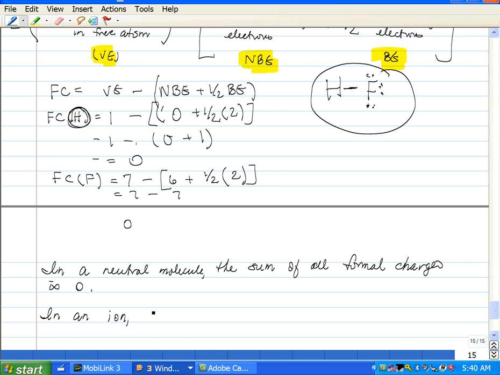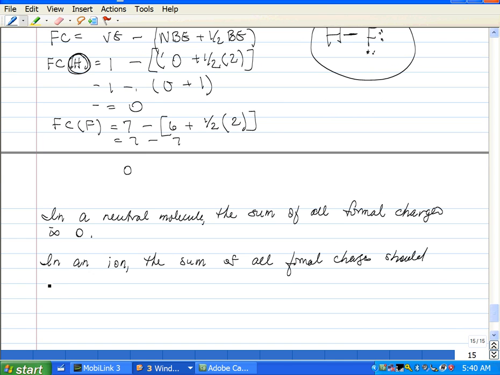In an ion, the sum of all formal charges should equal the charge on the molecule, on the ion. It does look like infinity, doesn't it?